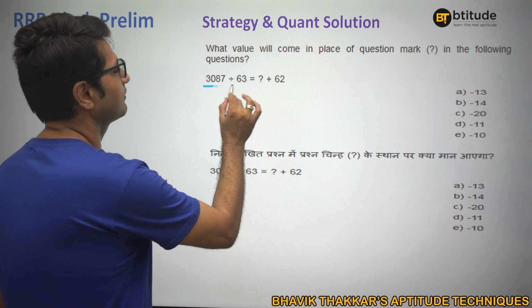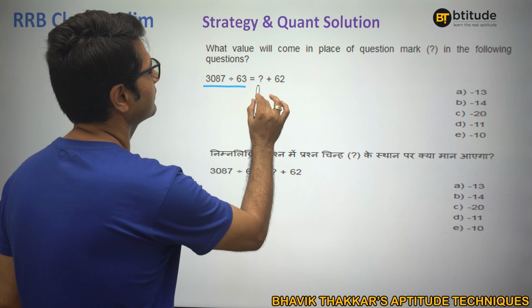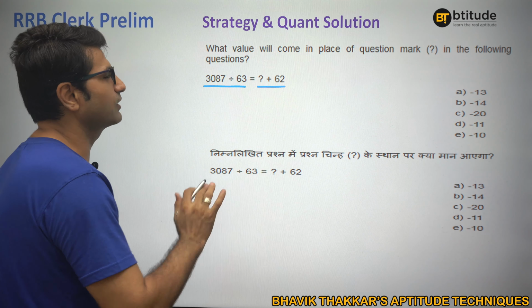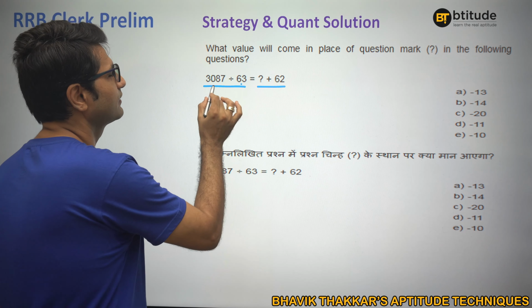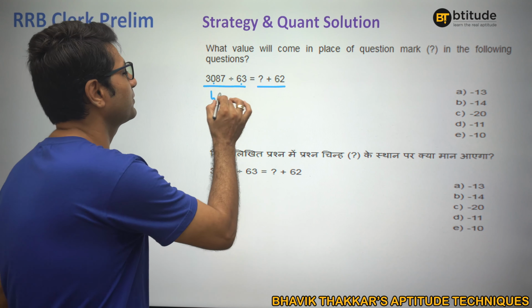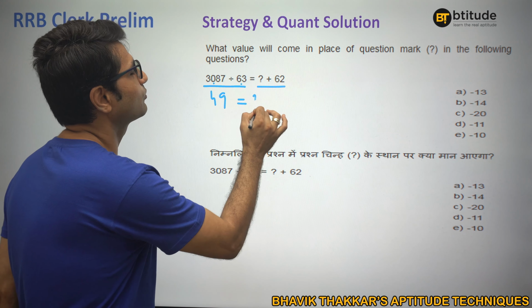Normal question, this divided by this plus this. I would say the last digit is almost different in all those cases, but here anyway this is not difficult. 63 into 5 will be 3150, right? 3150 into 50, so this should be into 49. Plus 62.